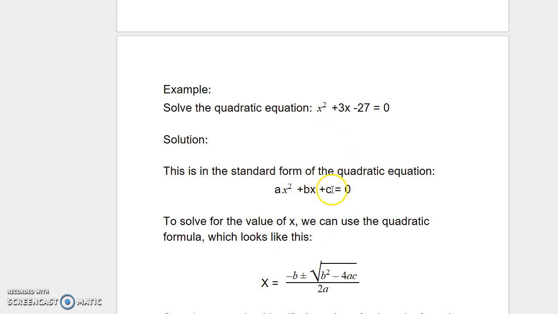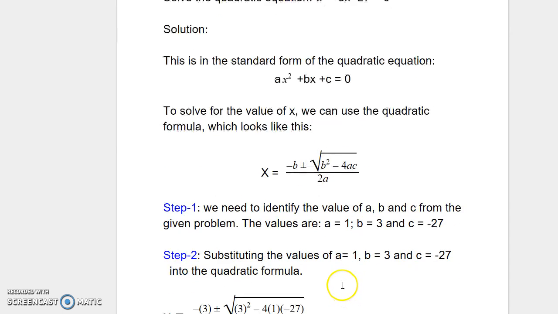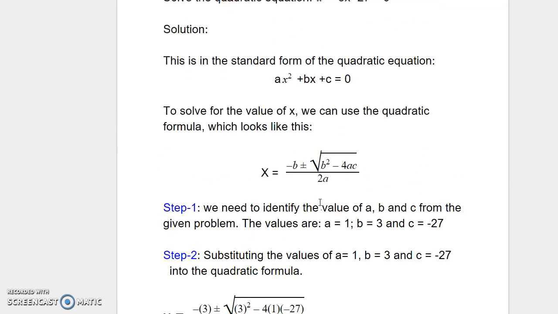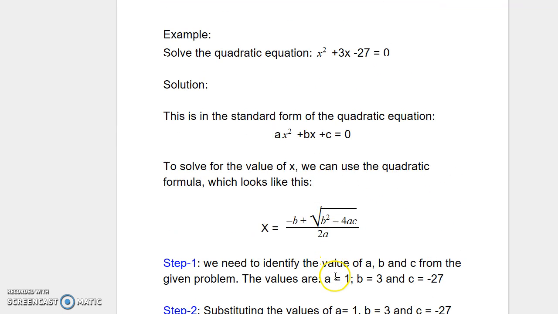Once we have identified them, we're going to substitute that into this quadratic formula, which is x equals minus b plus or minus the square root of b squared minus 4ac, the whole thing divided by 2a. Okay, let us see what the values of a, b, and c are for our particular problem.